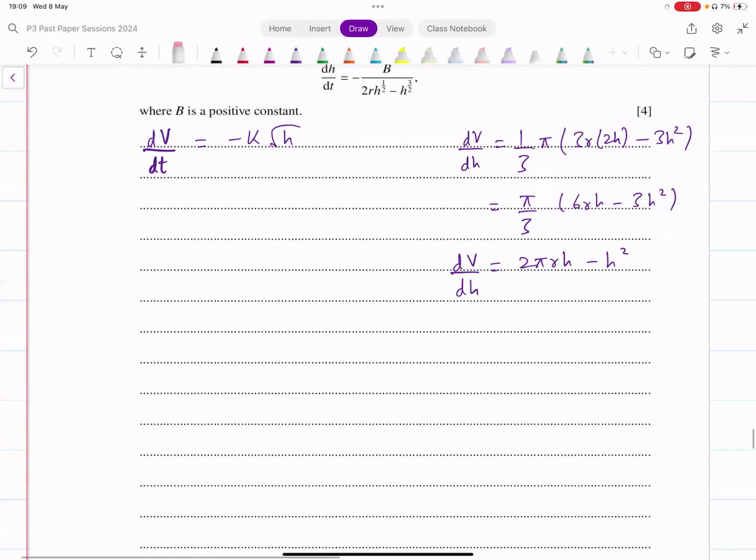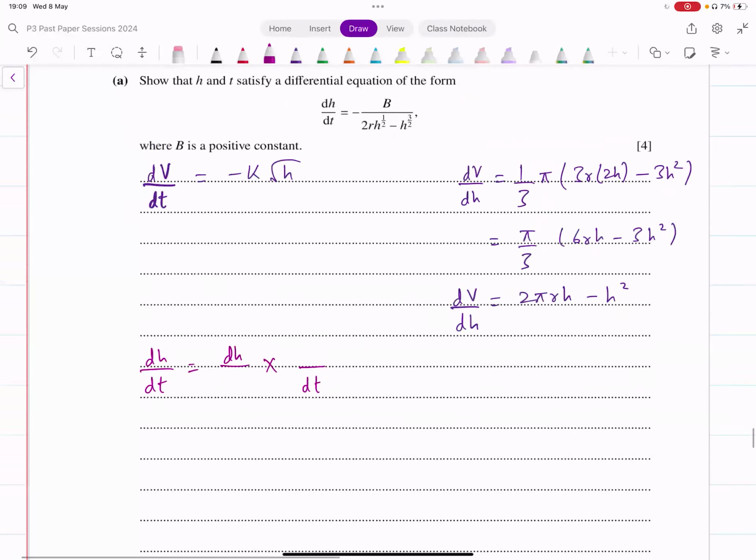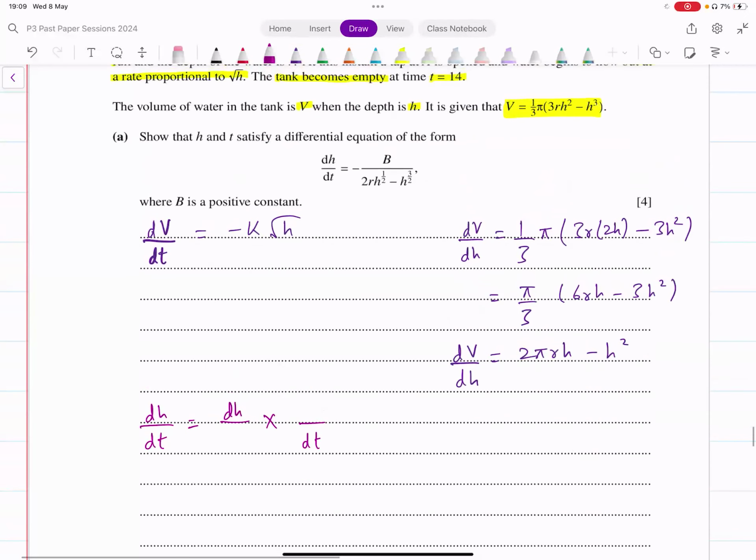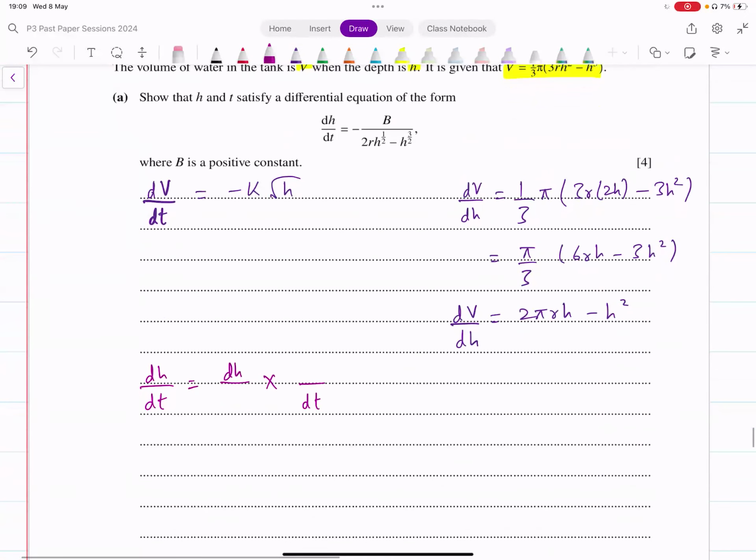So you can say dh/dt equals dh/dV into dV/dt. That's the chain rule that you would be using here. Thank you for that, we have pi h² here. I did not multiply by pi here; this was pi h².